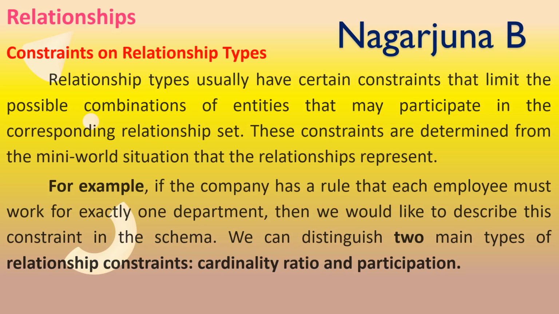We can distinguish two main types of constraints. One is cardinality ratio constraints, another one is participation constraints. These are the two types of constraints of relationships in DBMS.